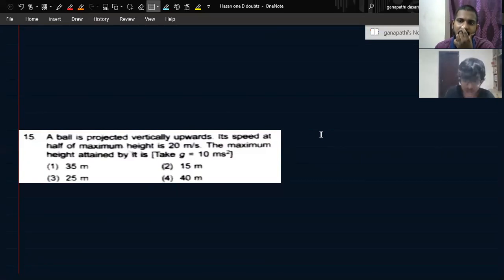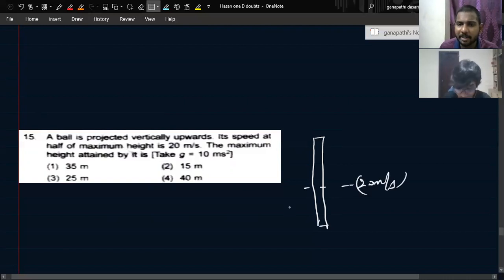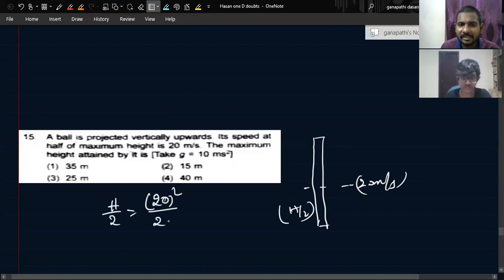40 meters, sir. 40 meters. You did the same procedure, because here the velocity is 20 meter per second at h by 2. So what I considered is h by 2 is equal to 20 square by 2g, isn't it?